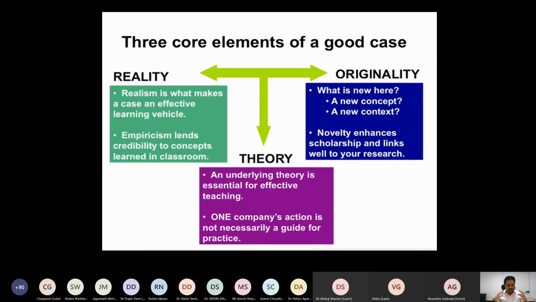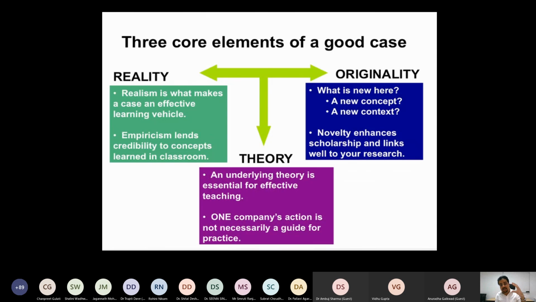It's vague, ambiguous, hazy. You may not have all the data on the table, because in real life we don't. The day we wait for all the data on the table, we are not deciding. We have this notion in our head that all the data has to be there on the table, then I'll take a call.